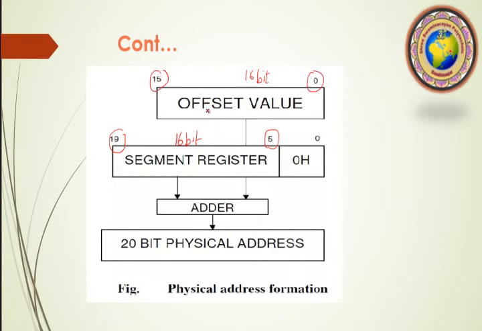So to the offset value and this segment value, we just add 0H, which is 4 bits, to the segment register, and then with the particular offset value we use an adder, and then it will make a 20-bit physical address. How this physical address formation works will be explained with examples.